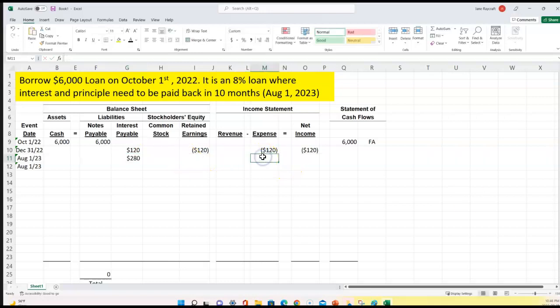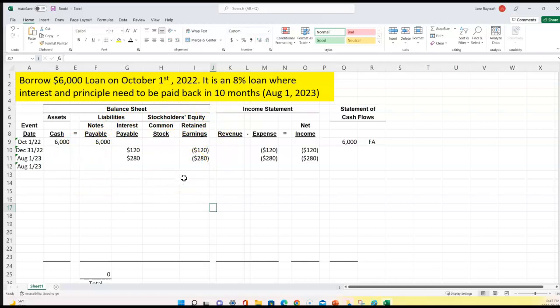We're in a new year, so for this year, we're going to show expenses of $280, which will ultimately bring down our net income for this particular year. And of course, that $280 will get transferred into our retained earnings account, keeping our accounting equation in balance ultimately.